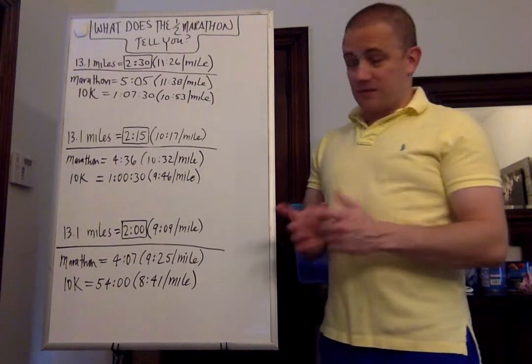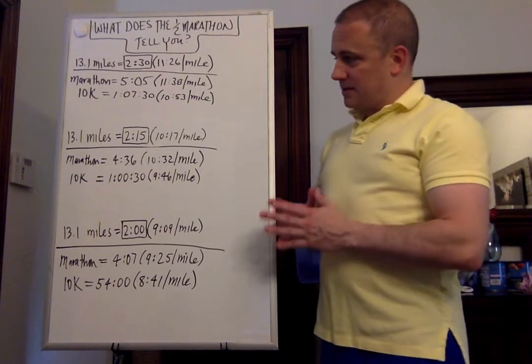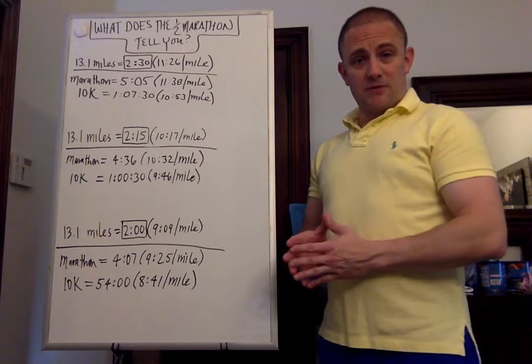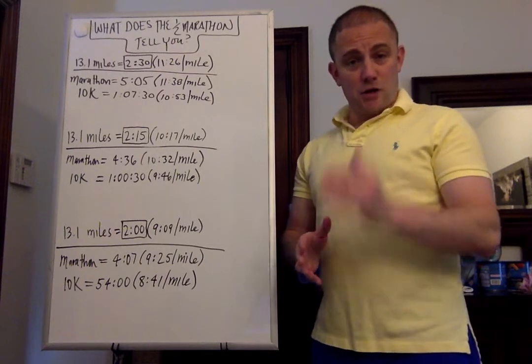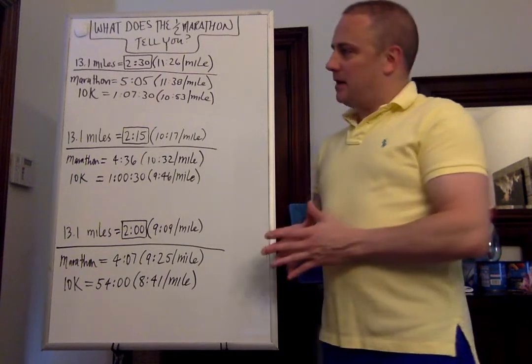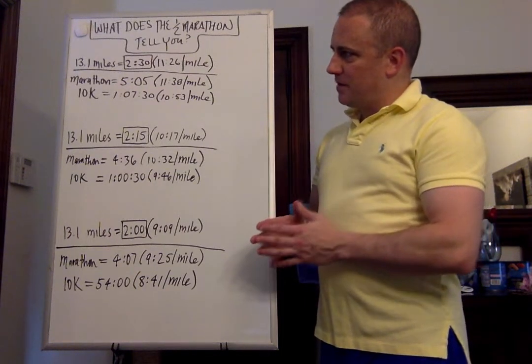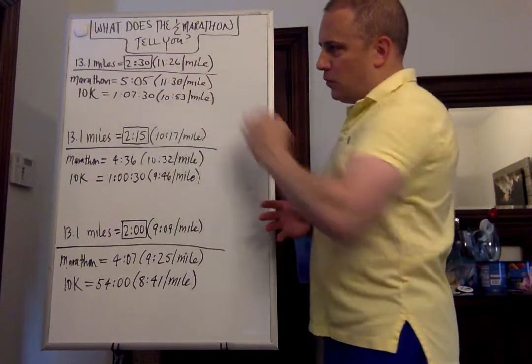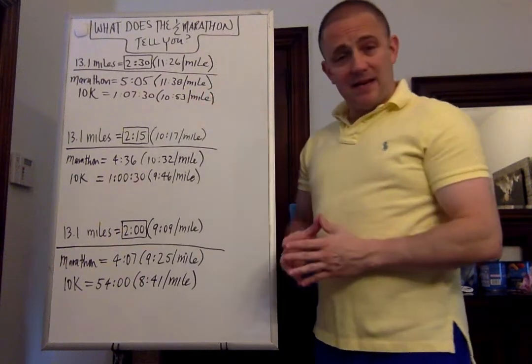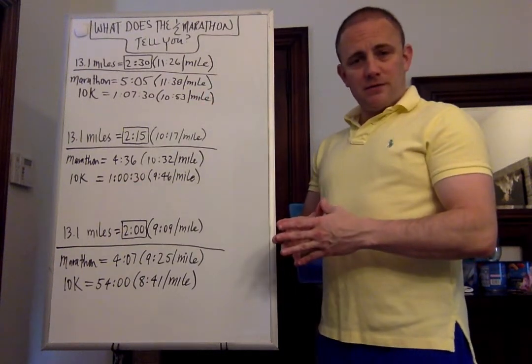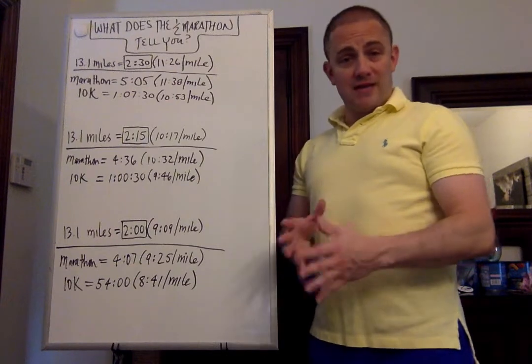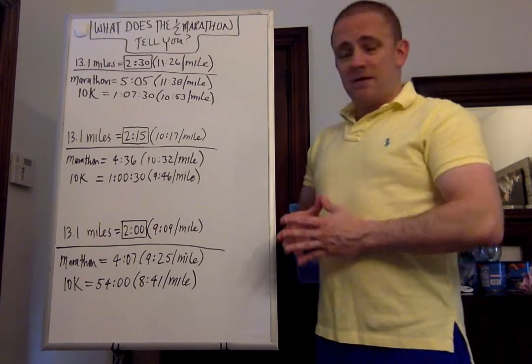Now I'm going to switch this for the second one, but before I do that, I'm going to say one thing, and I said this in the 1 mile time trial video, and I highly encourage you to watch that video. It's very informative. If by running this 2:30 half marathon you happen to be closer to that marathon time than you are the 10K, then that's an indication that incorporating some more 10K type work will be beneficial to your training.